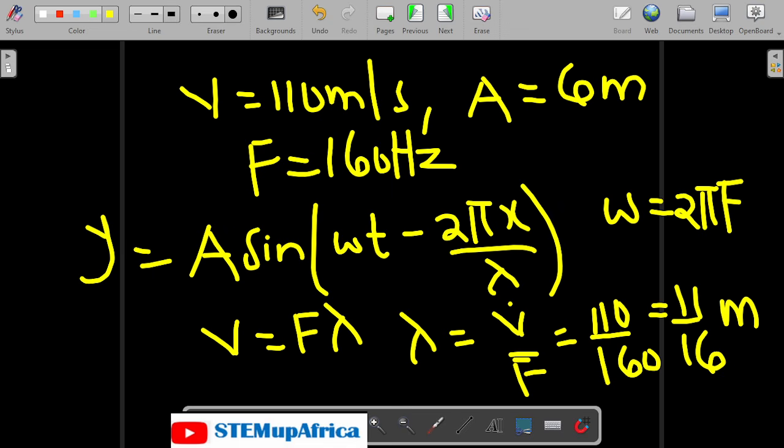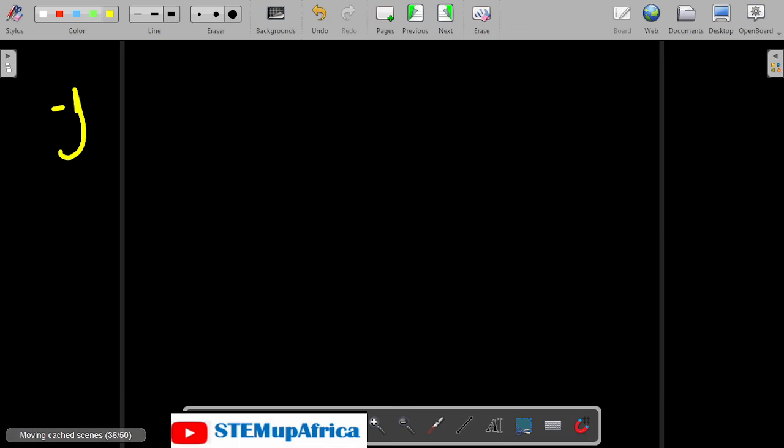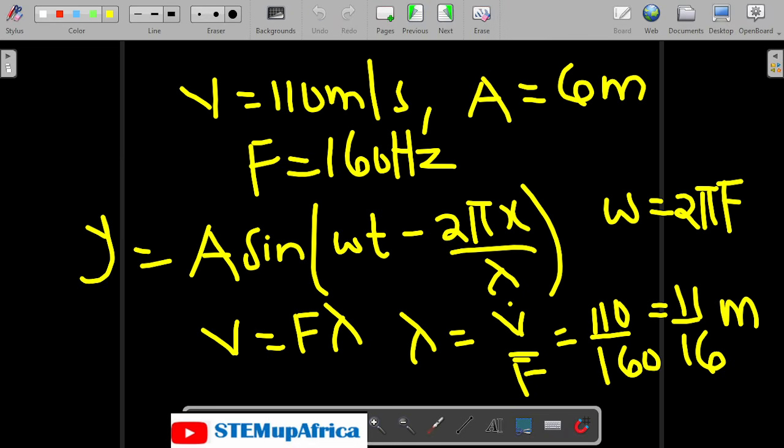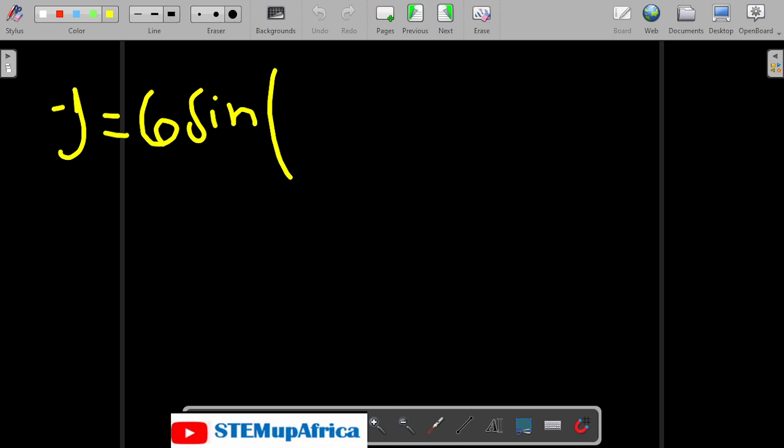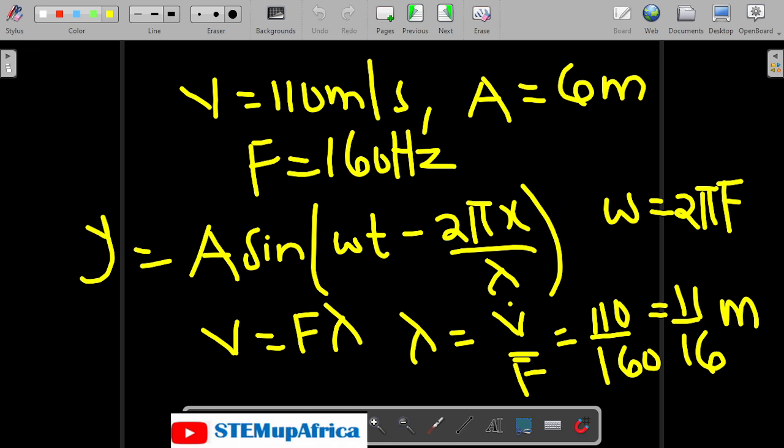So if I substitute now, I'm going to have y to be 6 sine, put brackets, 2 pi f. My f is 160, times 2 is 320. I'm going to have 320 pi t minus 2 pi x over lambda, and lambda is 11 over 16.